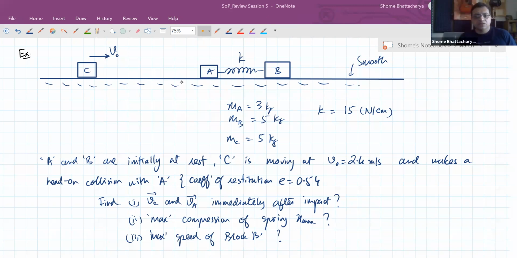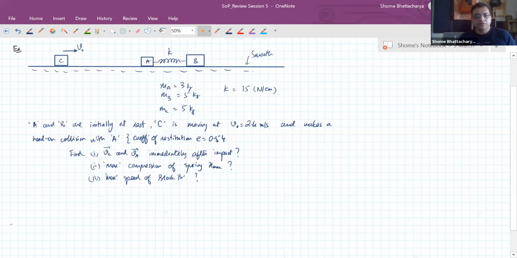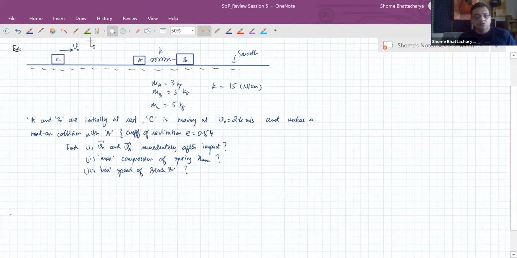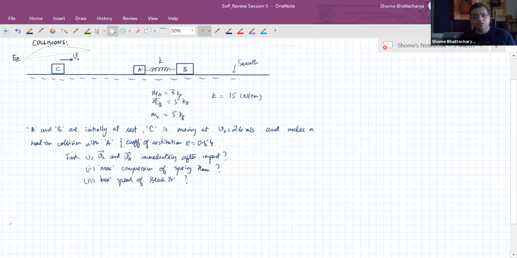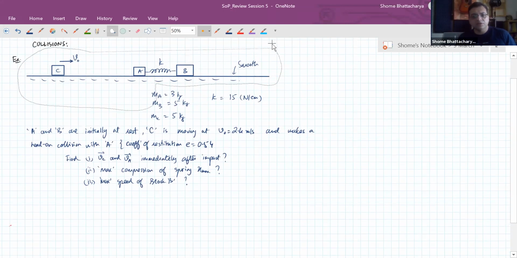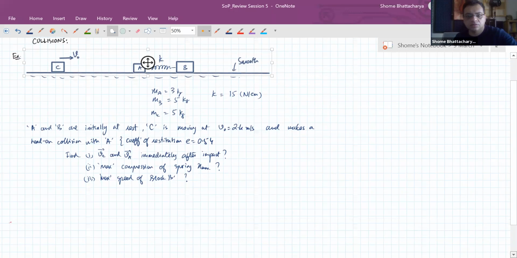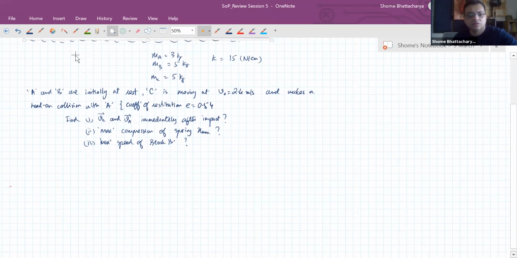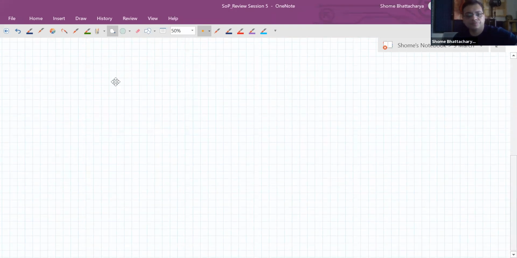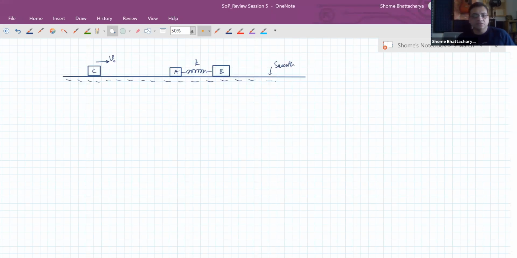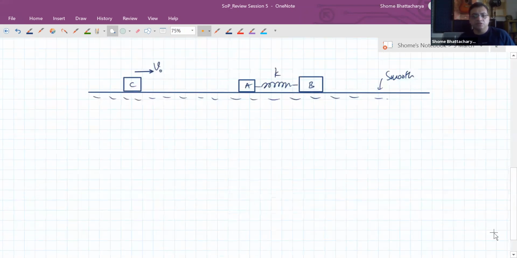All right, so let's understand this question in more detail. So what happens here is that C comes and makes an impact with the block A. So there is a momentum transfer or transfer of kinetic energy between C and A. But in that impact, the spring does not play any role.